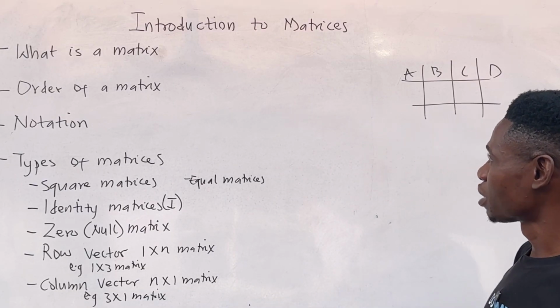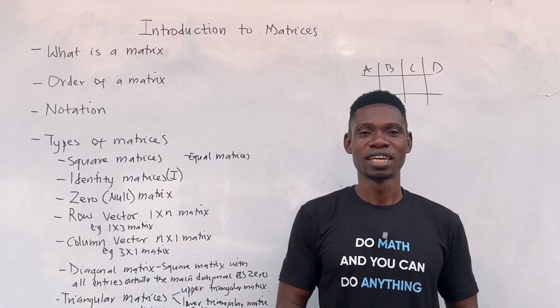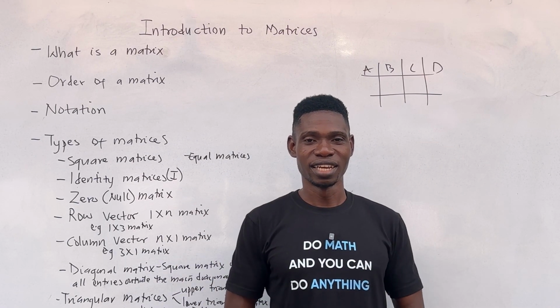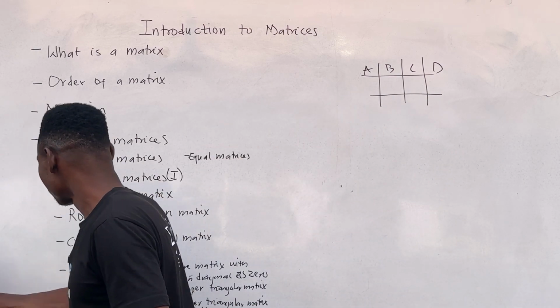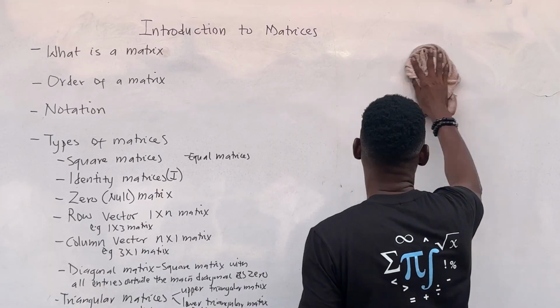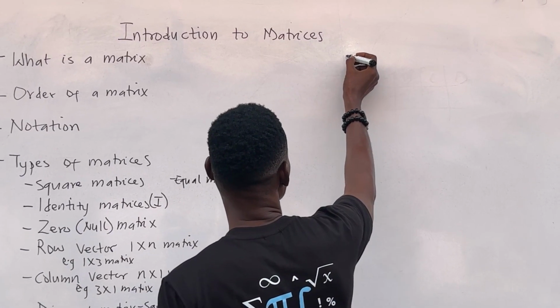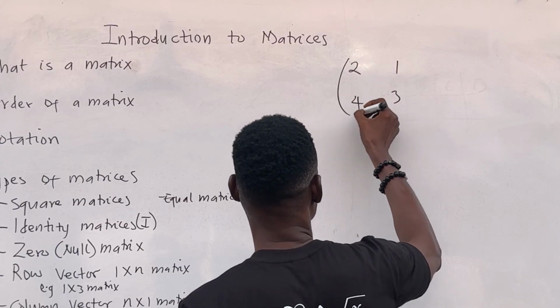Now, like I said, a matrix is a rectangular arrangement of elements. Now, this arrangement is usually within parentheses. So you have something like this. Let's say 2, 1, 4, 3.